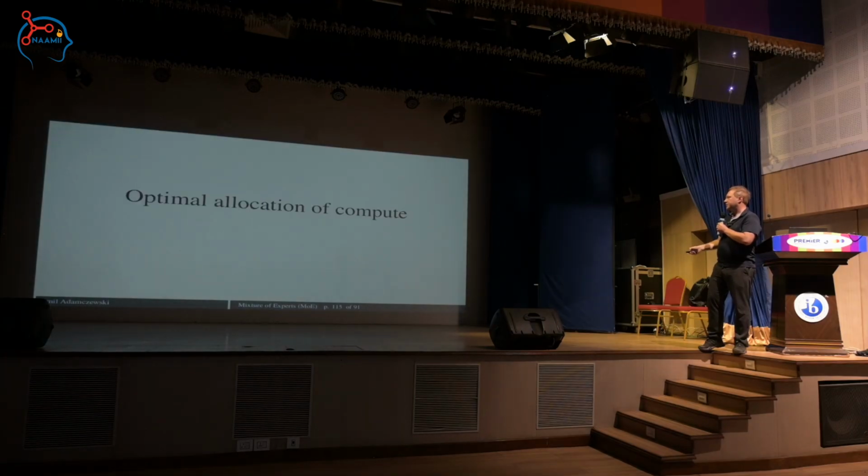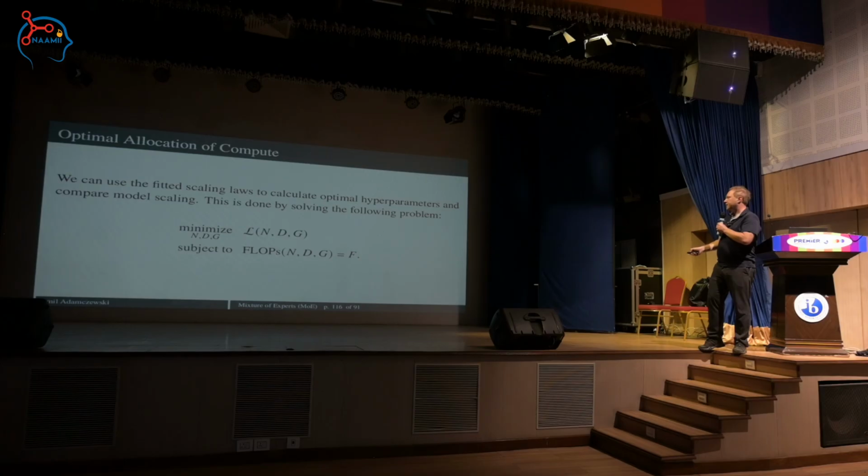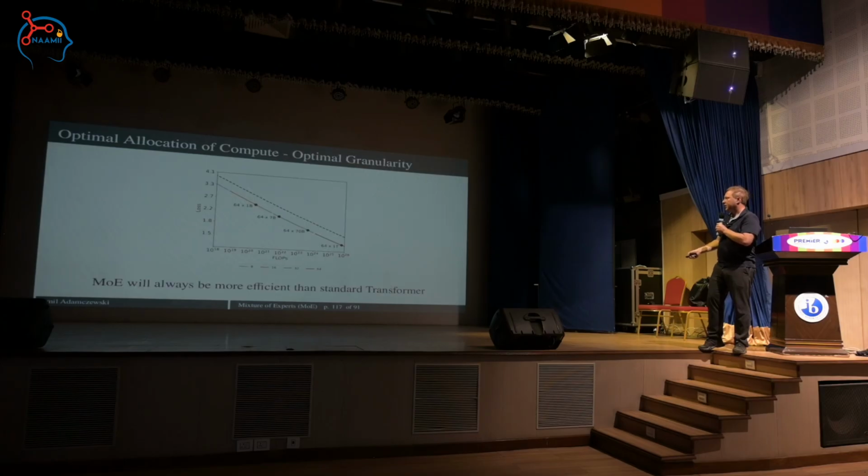Those are the learned parameters, and you can see here that this is the compute budget. If we have a certain compute budget, like for how long we will train the model, this is the loss that we will obtain given this.